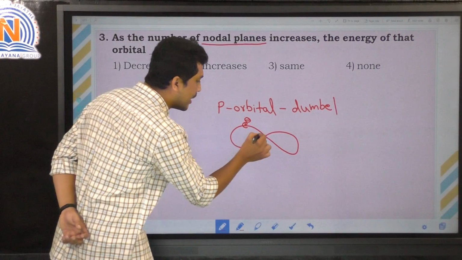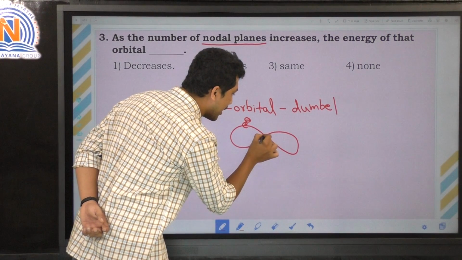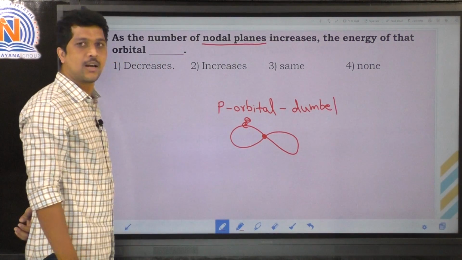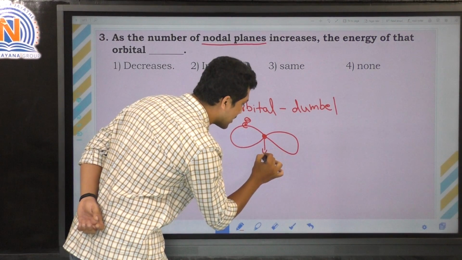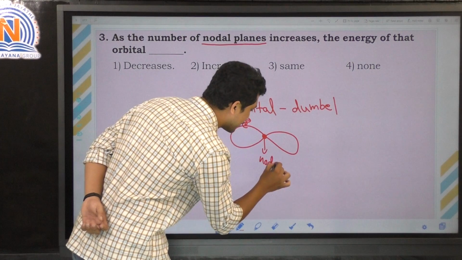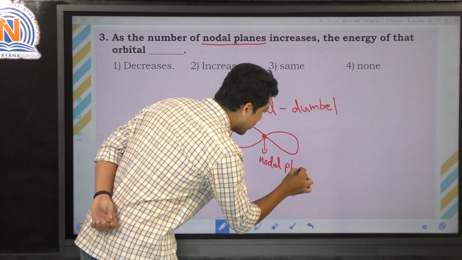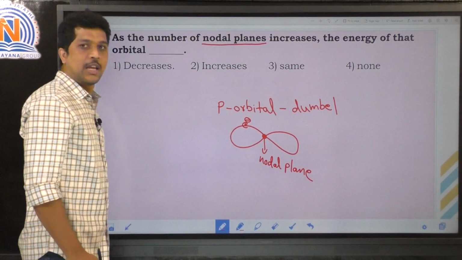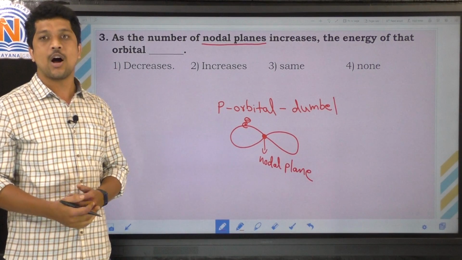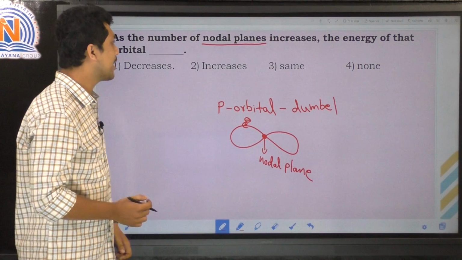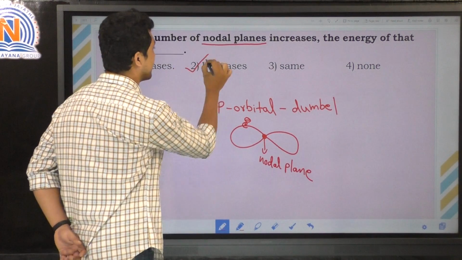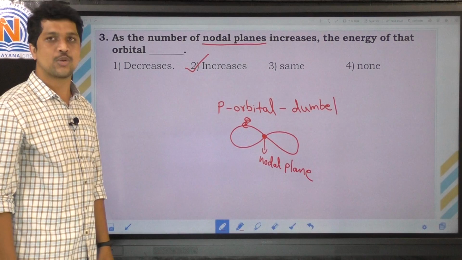There is an area at which we cannot find the electron, and this plane is called the nodal plane, right? If the nodal planes increase, the orbital energy also increases. So the correct option is the second option. Clear? Let's move on to the next question.